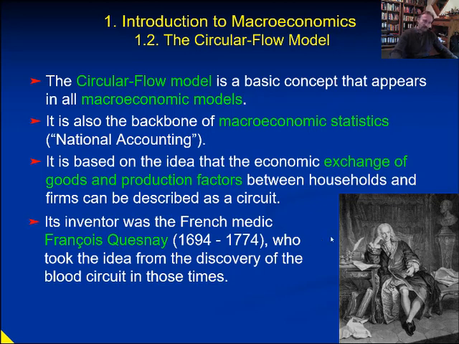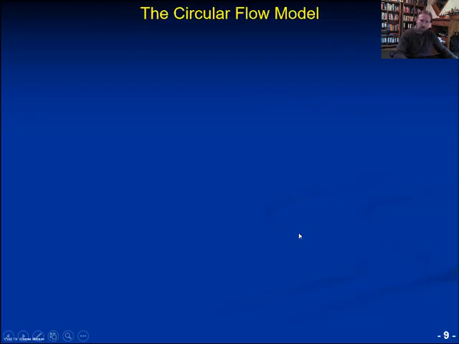If we apply this circular flow model to our times in a quite simple and basic way, we should distinguish two sectors as a starter. One sector is the firm sector, the company sector, where all the production in the economy takes place.